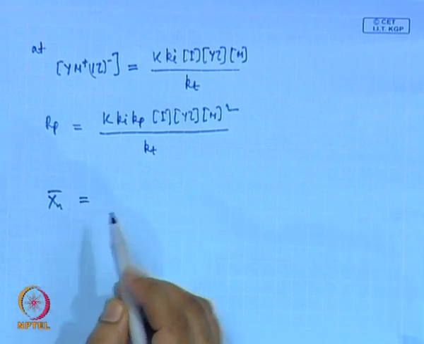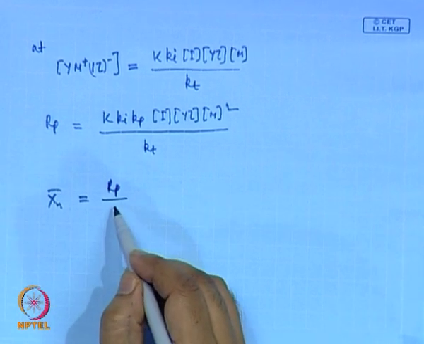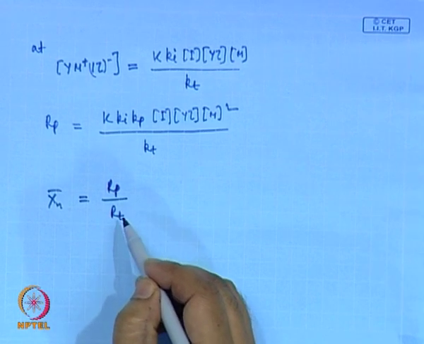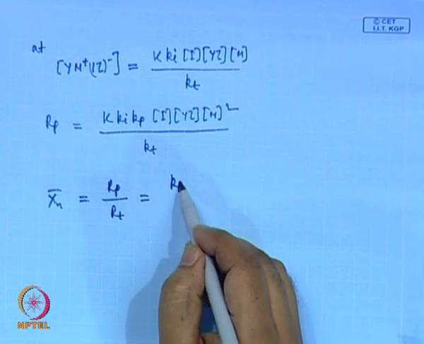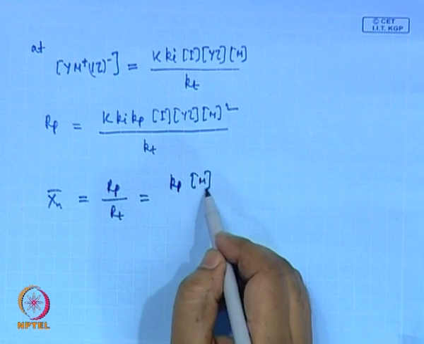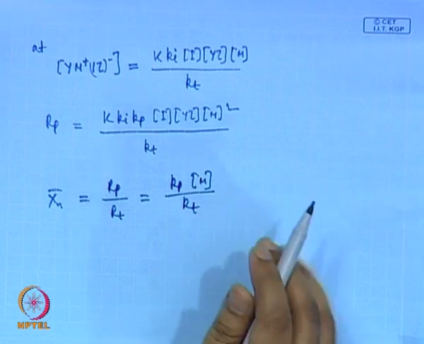So, I can write the degree of polymerization as Rp by Rt, which gives Kp M by Kt.